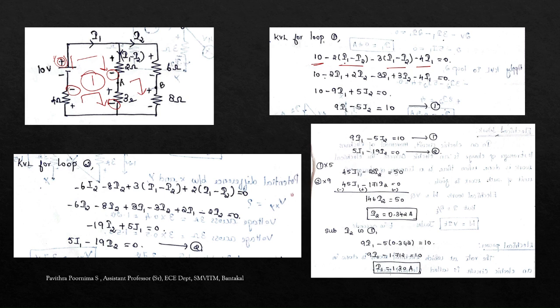Why is there I1 minus I2? Because the 2 ohm and 3 ohm are common for both the loops. And simplifying we get this first equation.